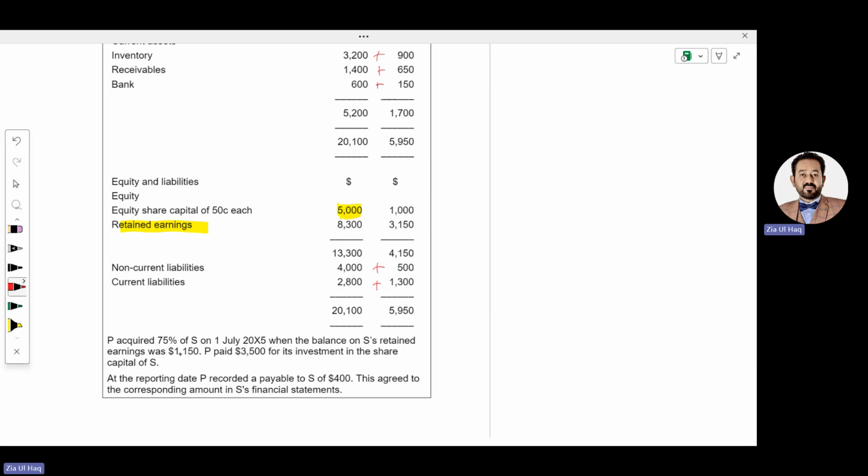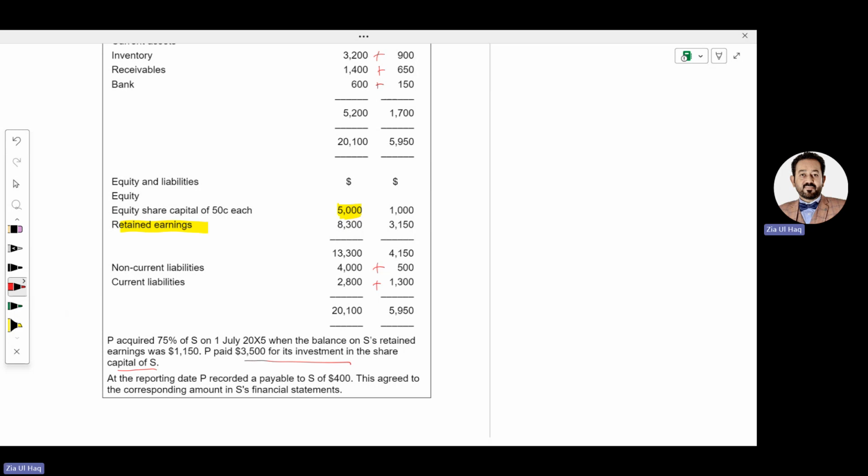P acquired 75% of S on 1st July 20X5 when the balance on S's retained earnings was 1150. This means this is the retained earnings balance at the date of acquisition of the subsidiary that we use in the calculation of net assets. P paid 3500 for the investment in shares in S, meaning the consideration paid.